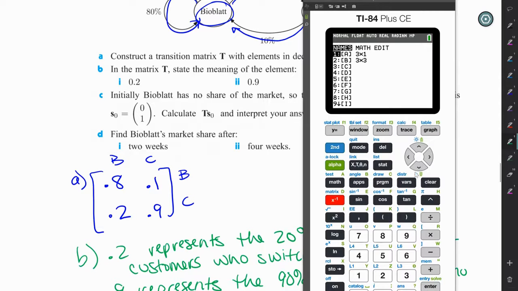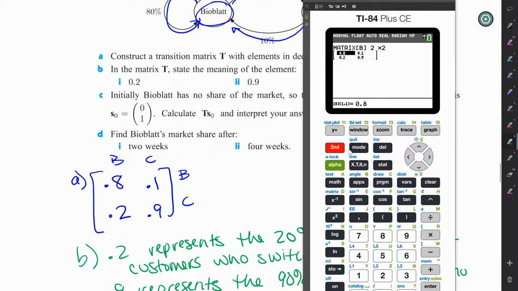So second matrix, now I have 2 rows and 1 column, and it's a 0 and then a 1. And then for my second matrix, it's going to be a 2 by 2. 0.8, 0.1, 0.2, 0.9.